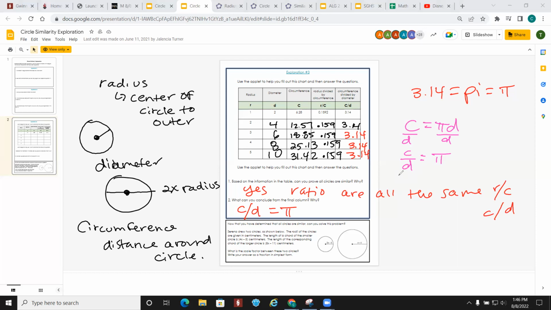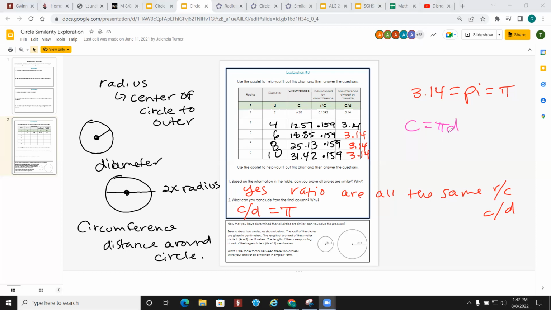Do we need to recap on that? Really quick, this column is 3.14. We've already determined that that equals pi, right? Then you know from hopefully last year that circumference equals pi times diameter. You remember that?